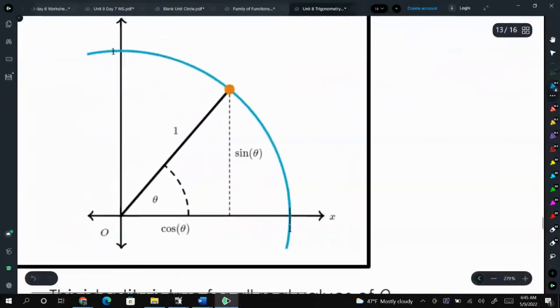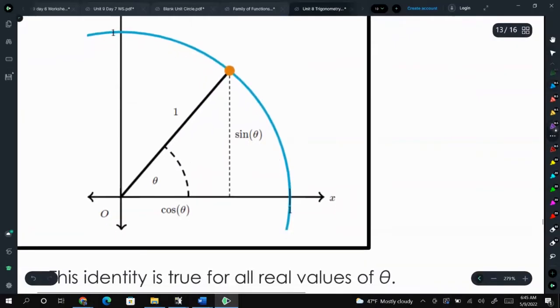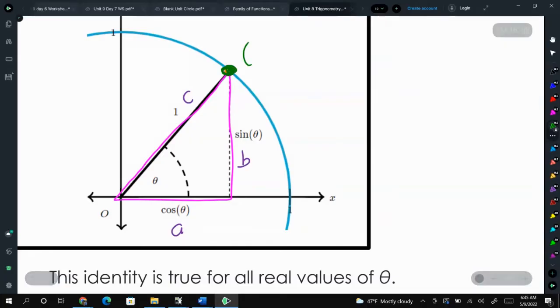So if we look at this right here and we labeled a, b, and c of the right triangle we have right here, we can see that this coordinate right here is going to be a units, comma, b units, because that's how far up we go.